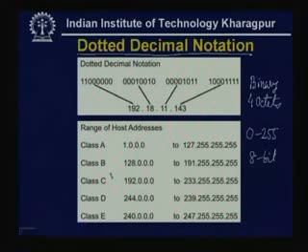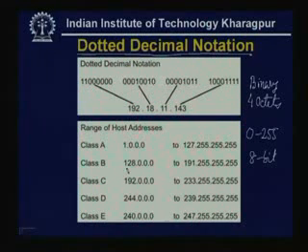In case of class B, it varies from 128.0.0.0 to 191.255.255.255. So whether an address corresponds to class A or class B can be found out by looking at the first field of the dotted decimal notation, or the first decimal number.